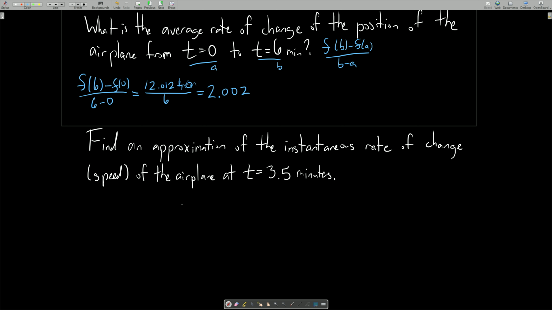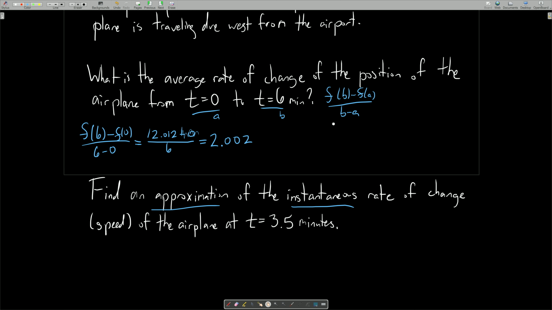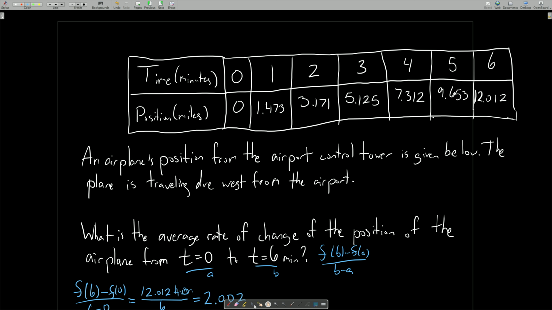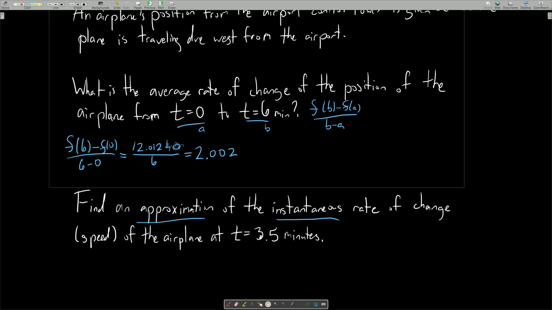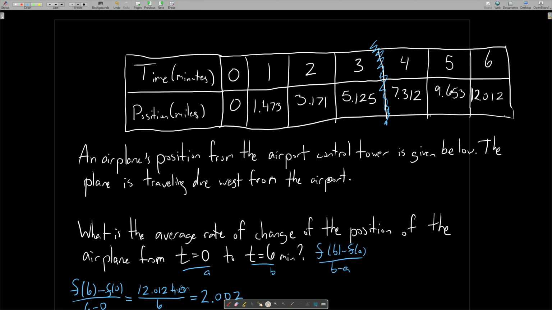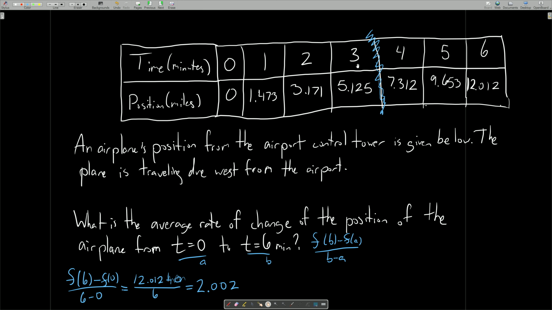And this one's asking us to find an approximation of the instantaneous rate of change of the airplane at t equals 3.5 minutes. If you look for 3.5 on the table, you notice it's between 3 and 4. So to estimate the instantaneous rate of change at 3.5, we can try to find the average rate of change from 3 to 4.